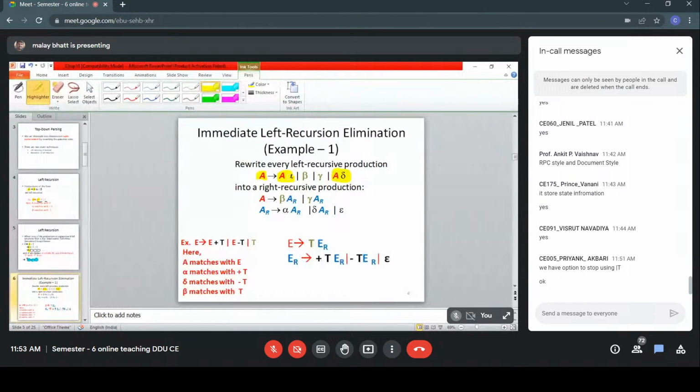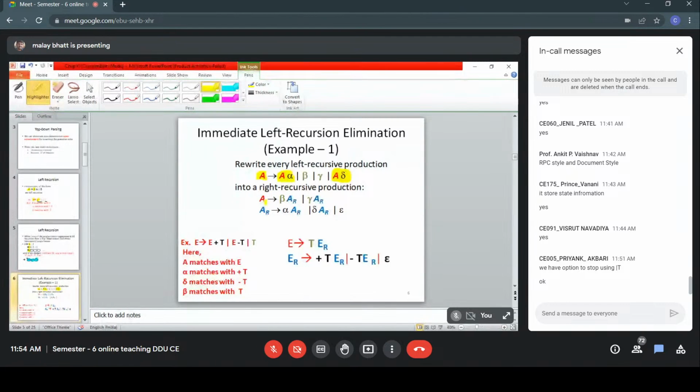These are the two left recursive productions, while beta and gamma are not left recursive. We rewrite into a right recursive form, because then the recursive symbol will be at the last, so it will not create any problem.